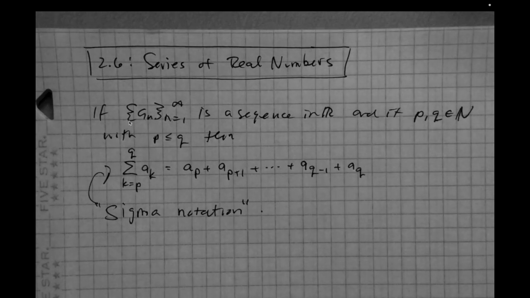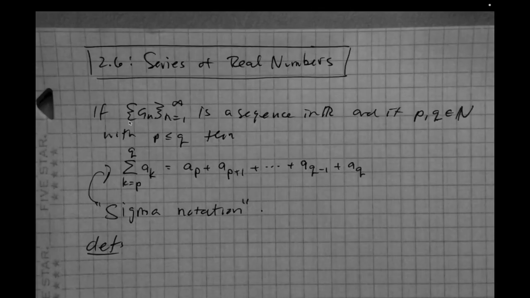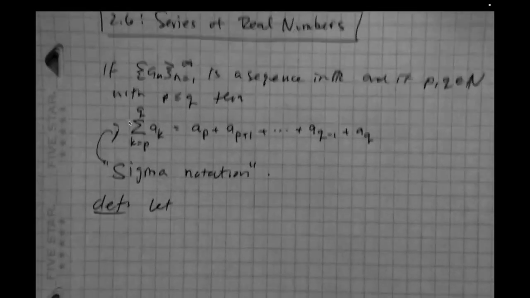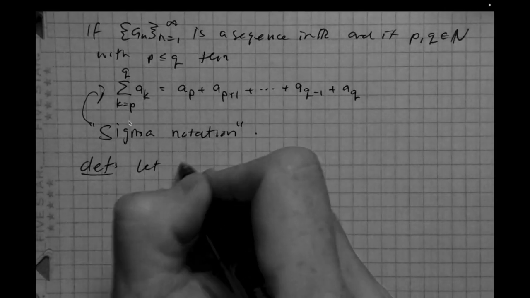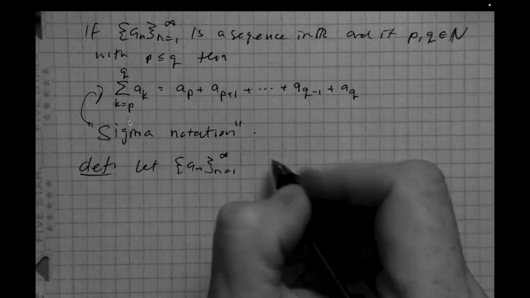Okay, so let's define a series of real numbers. We'll let a sub n from n equals 1 up to infinity be a sequence of real numbers.